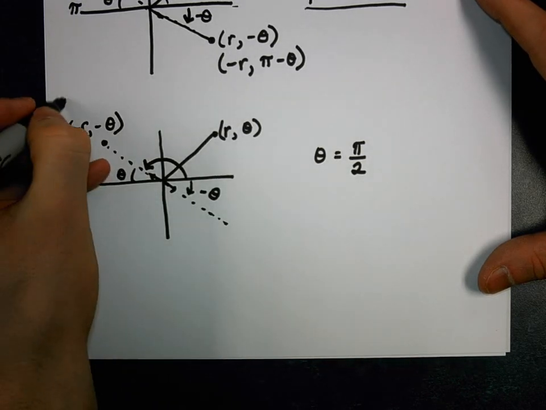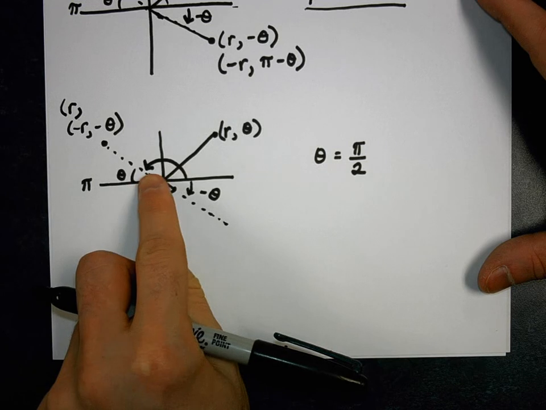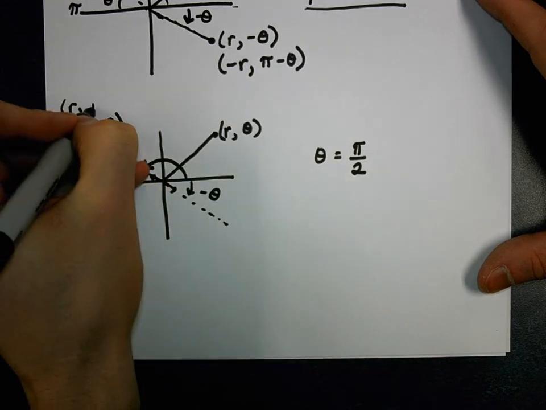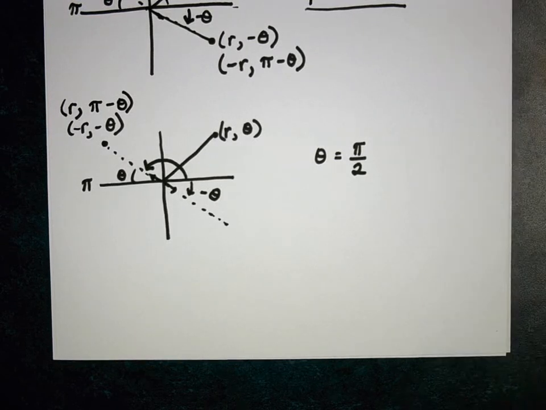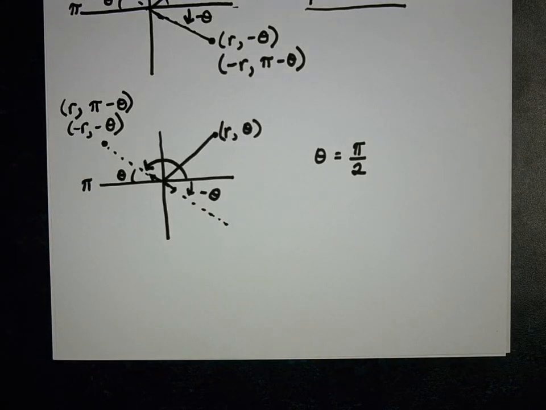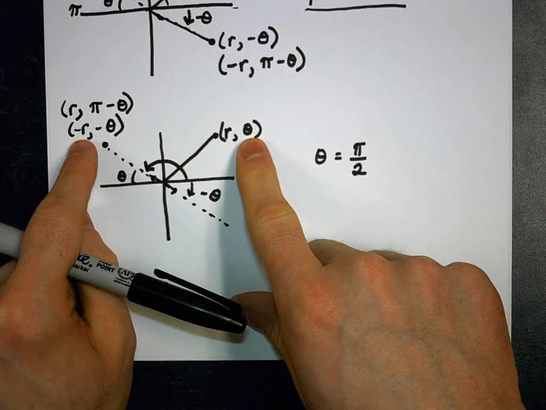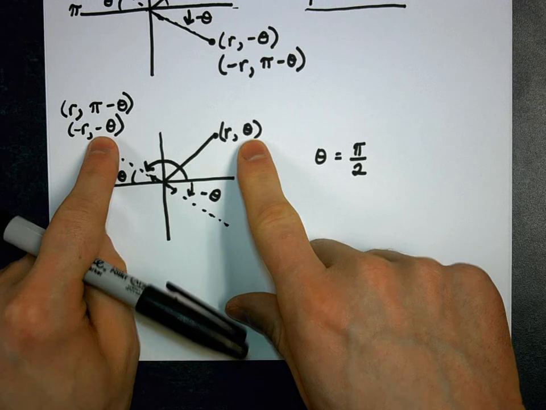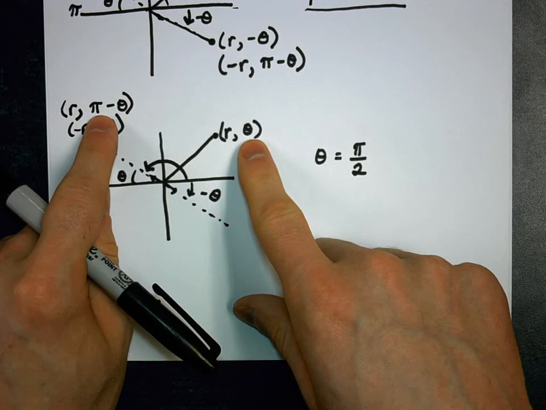That positive distance out would be r, and the angle measurement is theta before pi, so pi minus theta. So there's a second way to look at symmetry across the line theta equals pi over 2. For every (r, theta), (-r, -theta) is going to be on the graph, and for every (r, theta), (r, pi minus theta) is going to be on the graph.